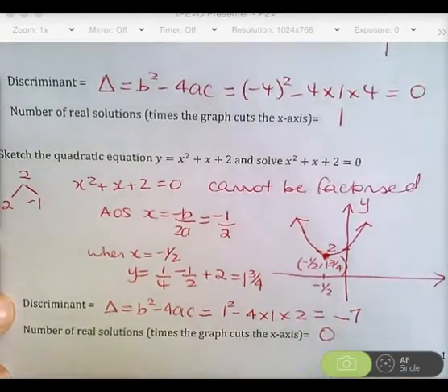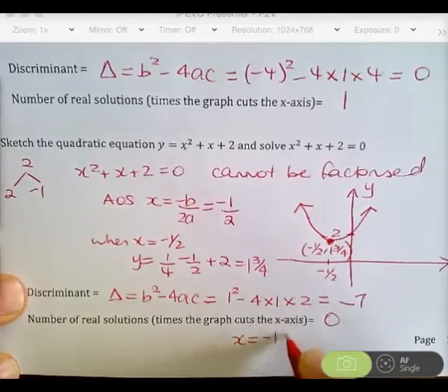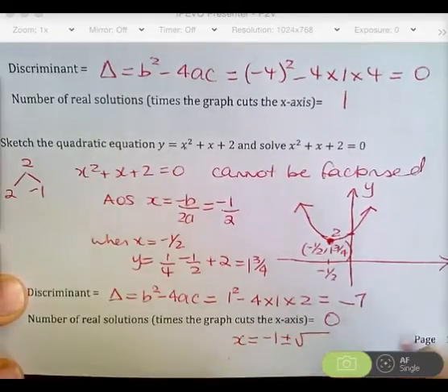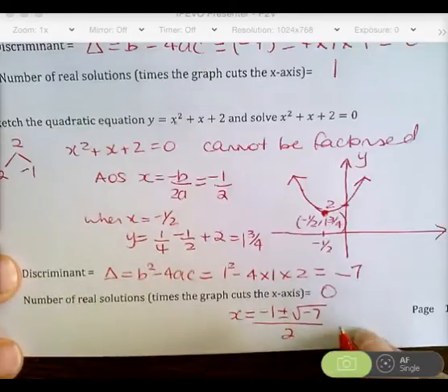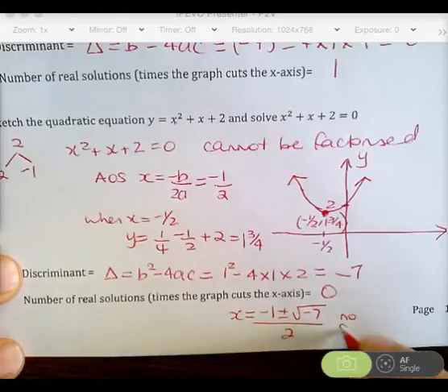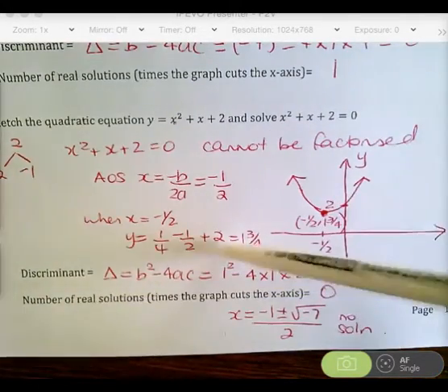That's why, if I'm doing x equals negative b, which is negative 1, plus or minus the square root of b squared minus 4ac, which is negative 7, over 2a, which is 2, you can see that there's no solution.